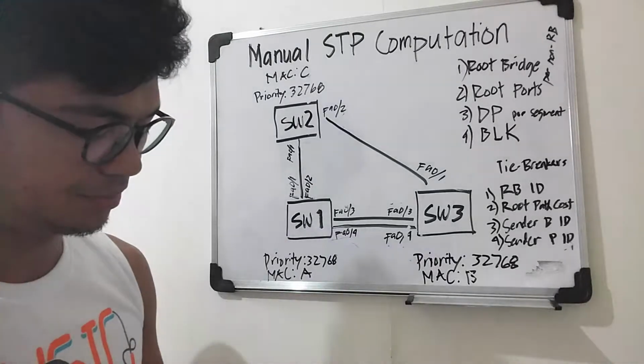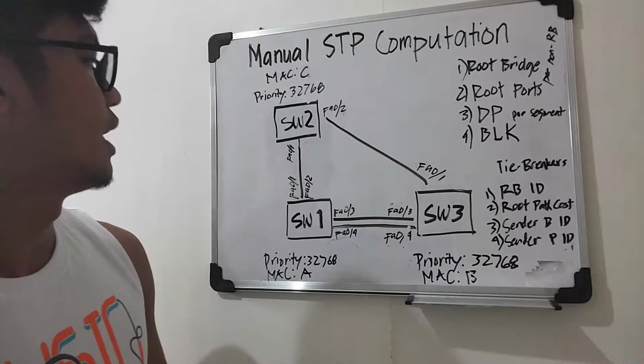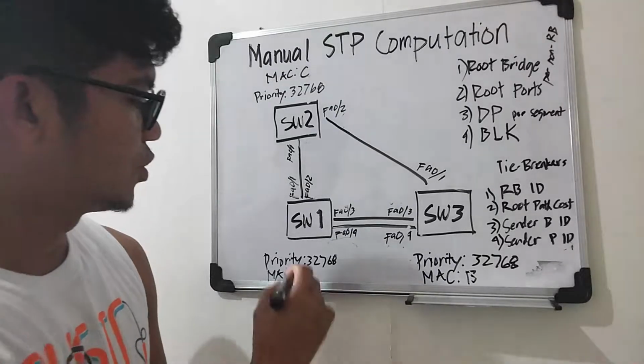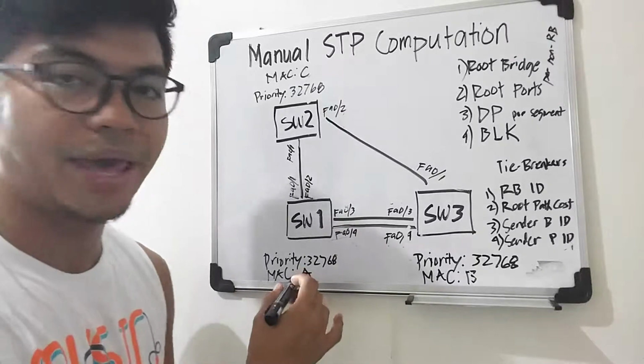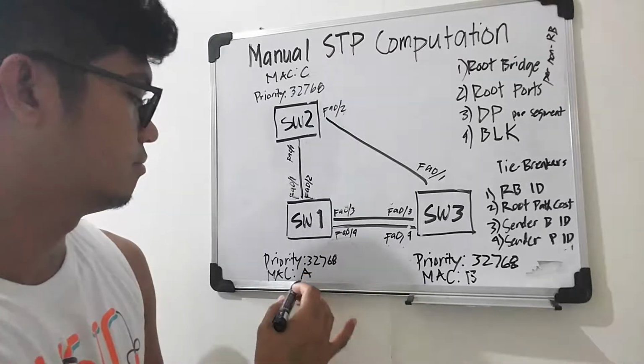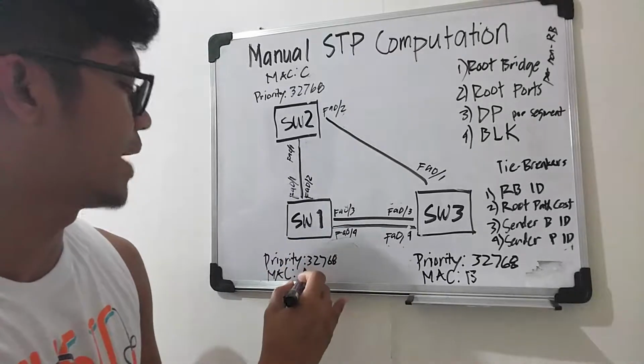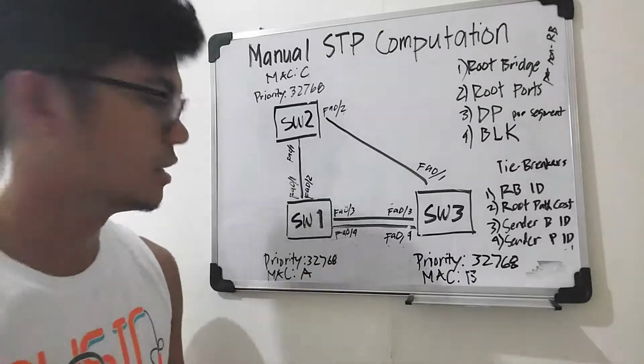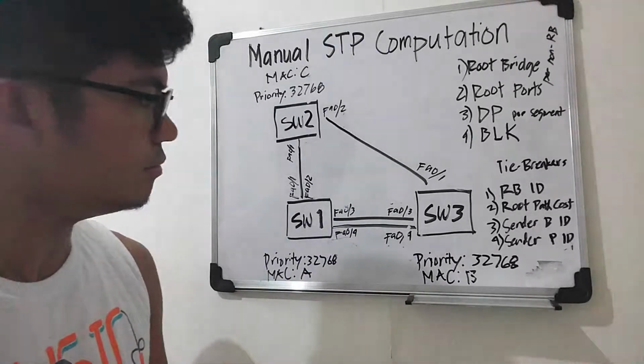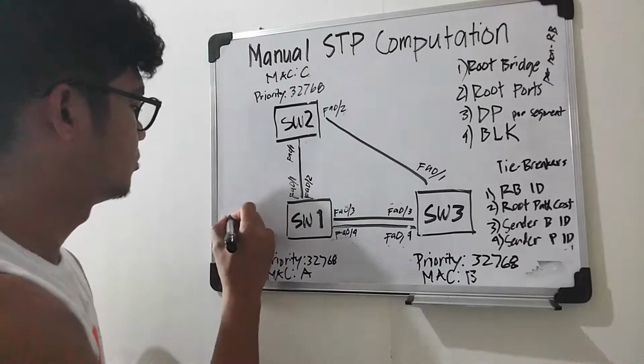In our case, switch 1 has the lowest MAC address. Let's assume that this is MAC address A. So this will become the root bridge.